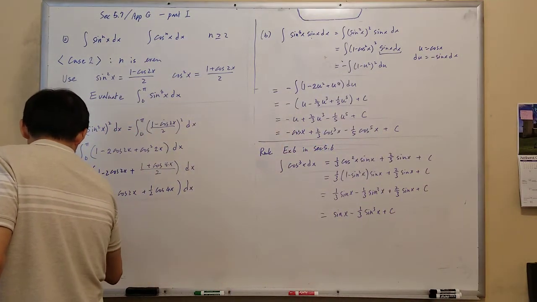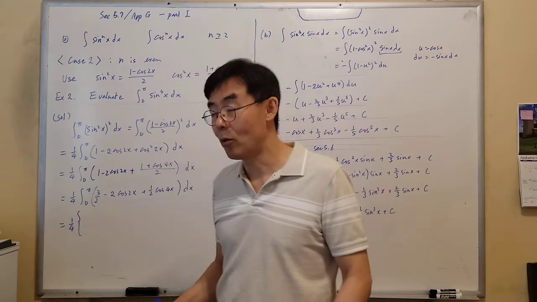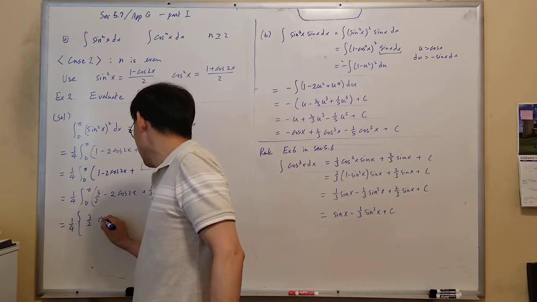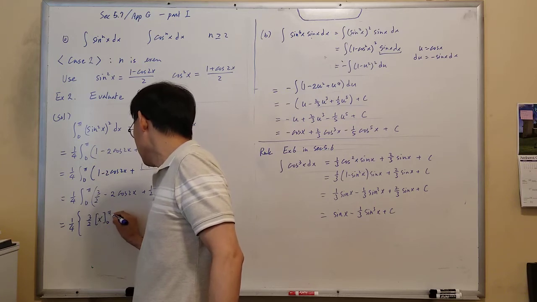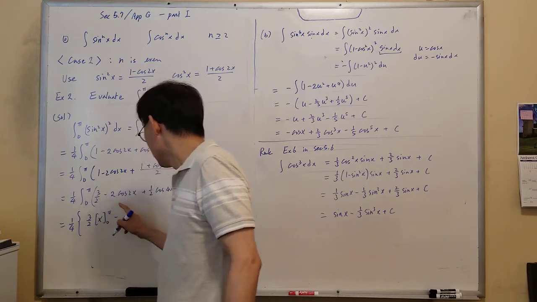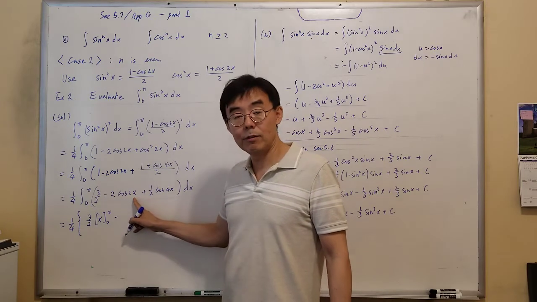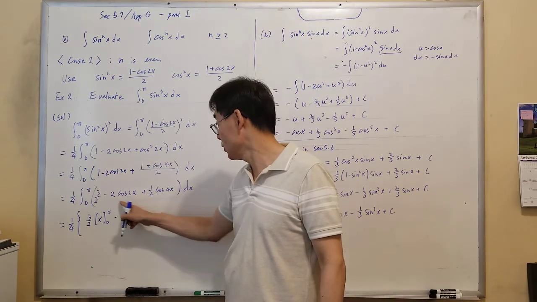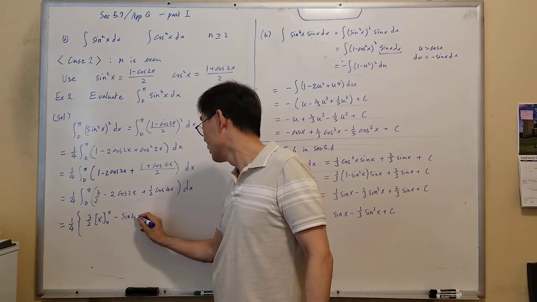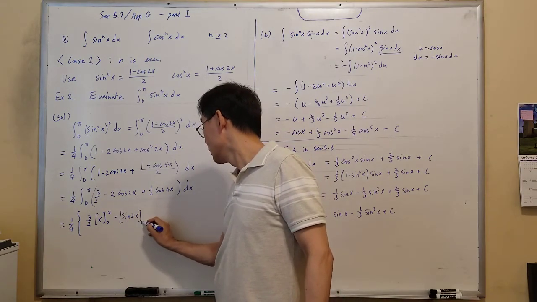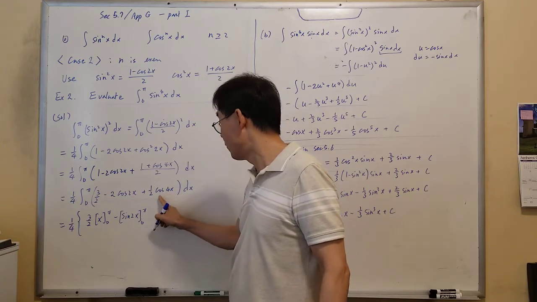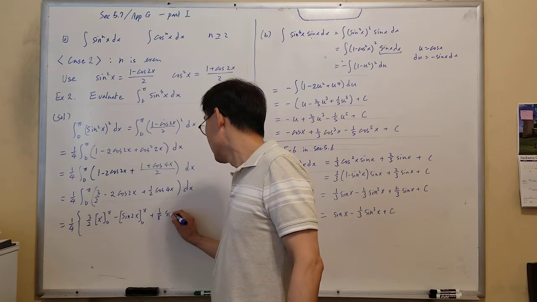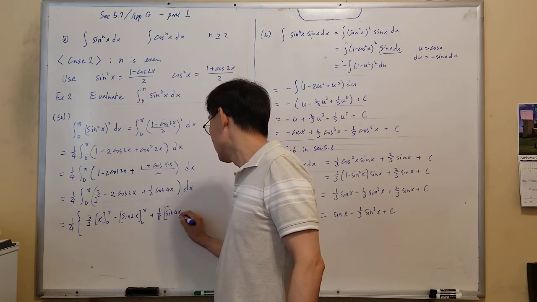1 over 4, big brace, or you can use bracket, but I don't want to use bracket here. 3 over 2, x from 0 to pi, minus, antiderivative of cosine 2x is 1/2 sine of 2x. 2 is over there, so sine of 2x, 0 to pi. Plus 1 over 4, sine of 4x, so 1 over 2, so 1 over 8, sine of 4x.